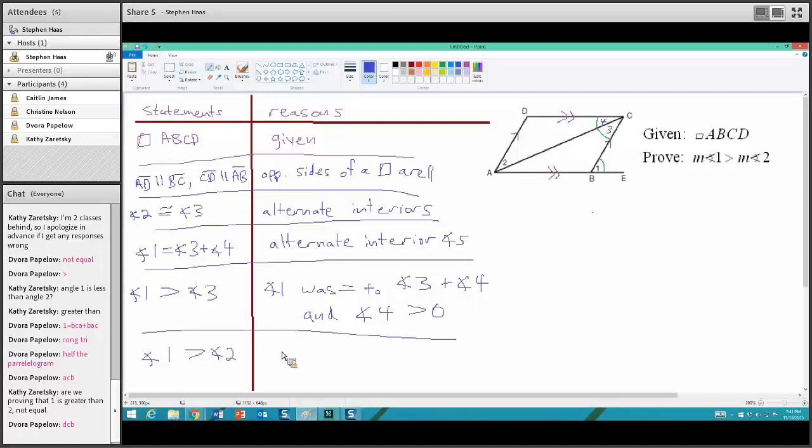Angle 1 is greater than angle 3, and angle 3 is equal to angle 2 that we proved earlier. We proved that 2 and 3 are equal, and we proved that 1 is greater than 3, so therefore 1 has to be greater than 2 by definition.